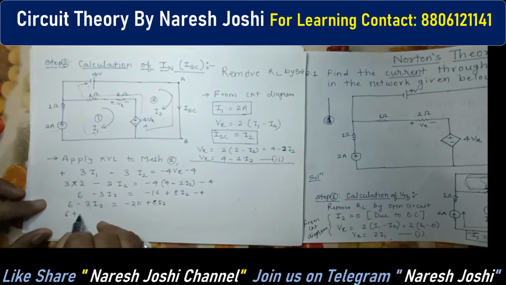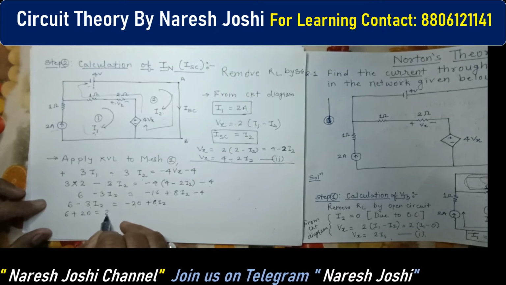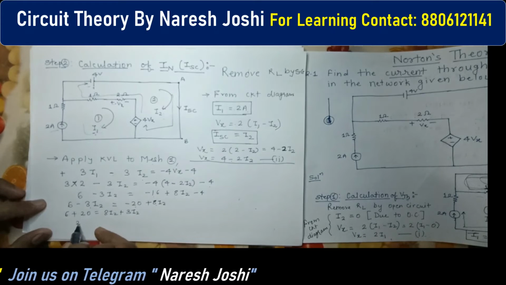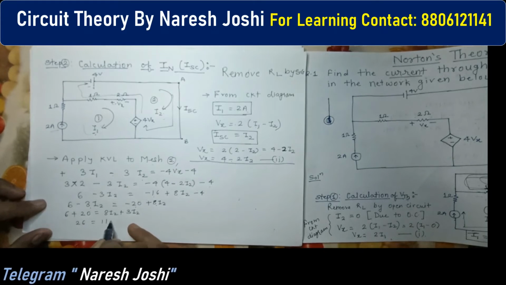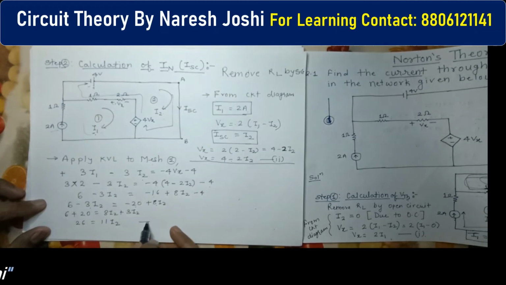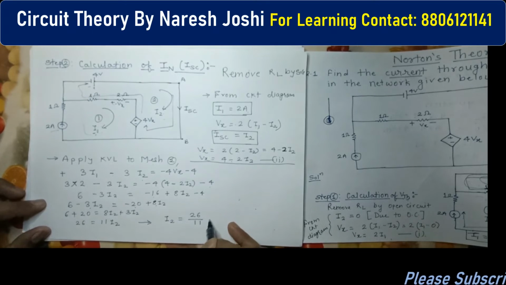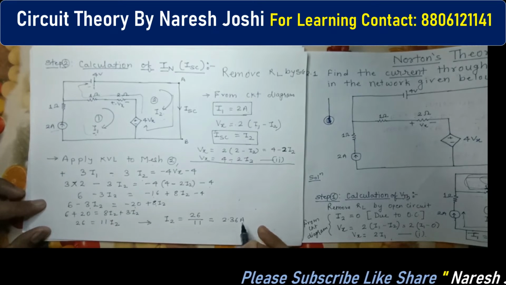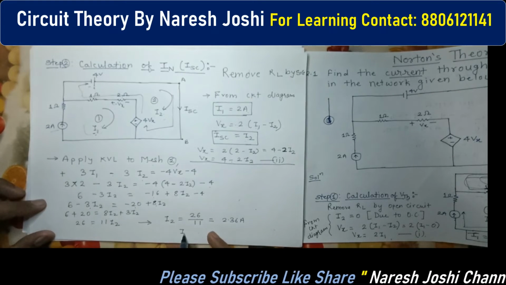So 6 plus 20, and 8 I2 plus 3 I2, so 26 equals 11 I2. Clear? Then we simplify further: I2 equals 26 upon 11, which is 2.36 ampere.